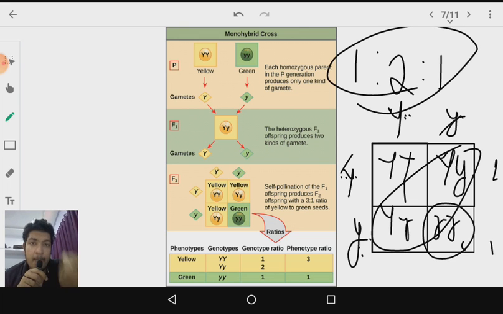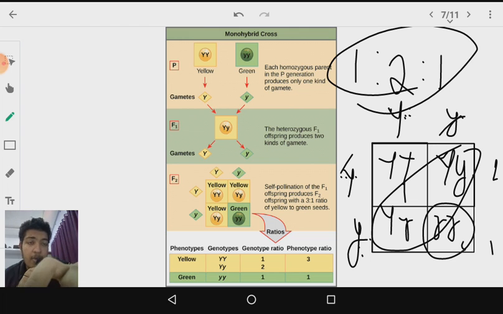Here capital Y, capital Y and capital Y, small y are going to be yellow seeded, whereas small y, small y is going to produce green seeds. Because there is no dominant character, only recessive characters are there, and as a result there is no expression of the superior character, only the recessive character will be expressed over there. So that is why you are getting small y, and that is representing the green seeds.